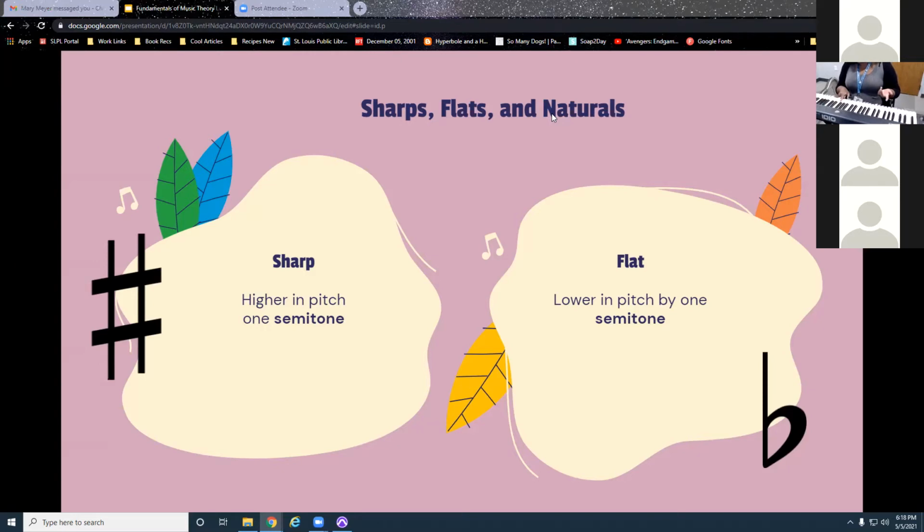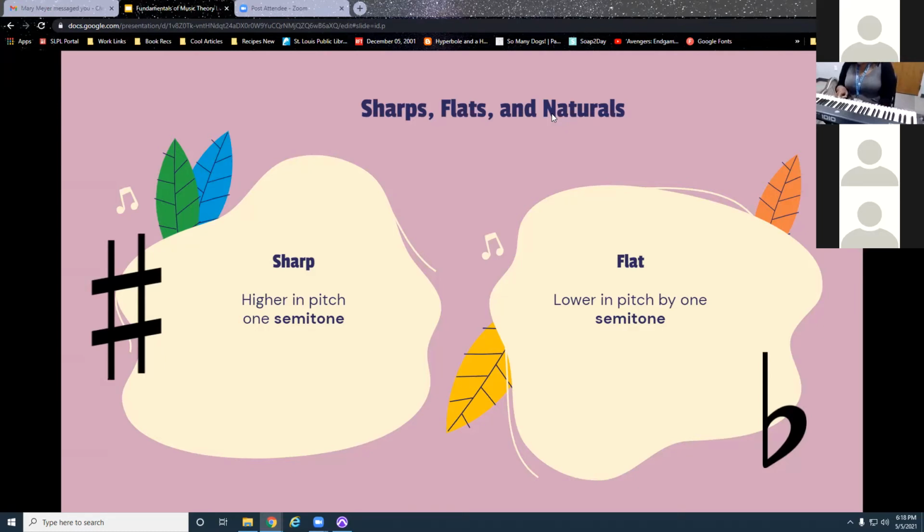It works the same way in reverse. When we want to make a note flat, we lower it by one semitone, so one note adjacent to it. So B to C can also be written as B to B flat. And that's the process that works down the whole keyboard, but it is confusing when you have to refer to the natural keys.